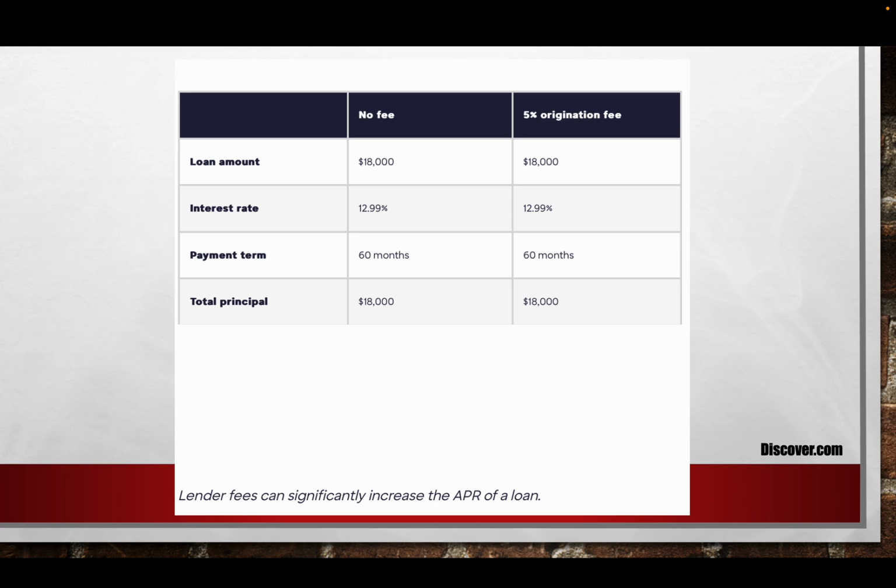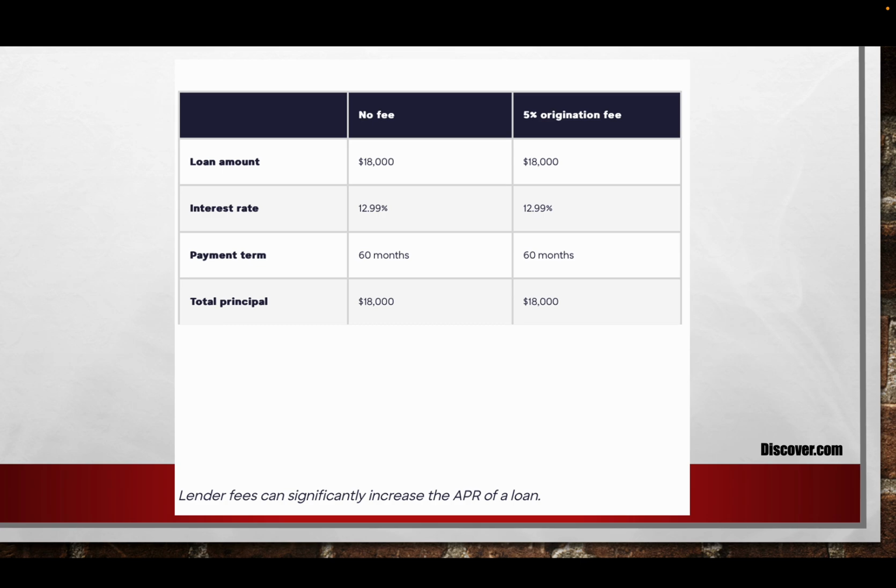The interest rate only calculates the cost of borrowing the principal. The APR includes the interest rate plus any other expenses or fees that are a little bit hidden and aren't explicitly stated for the interest rate. These fees can add up and you might owe more than you're expecting over the lifetime of the loan.